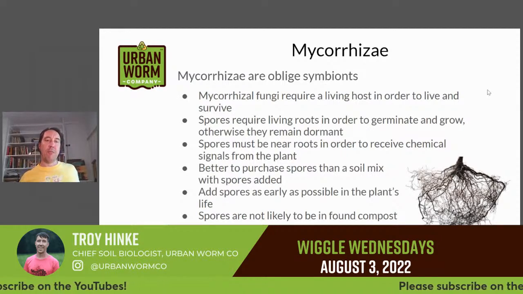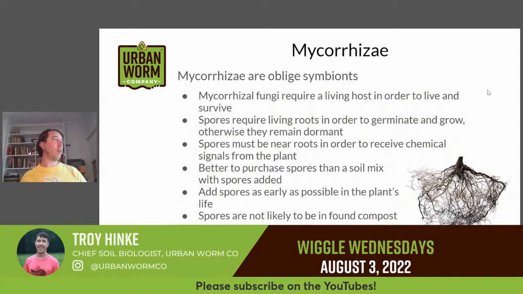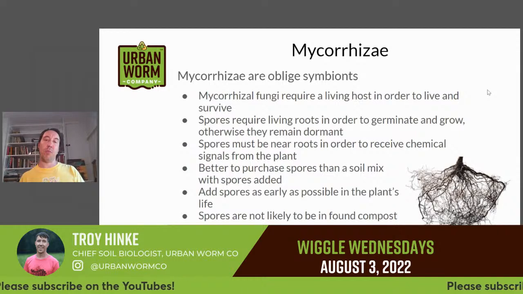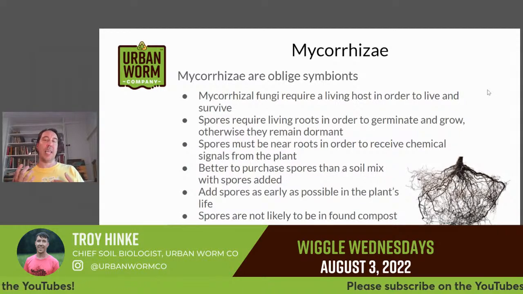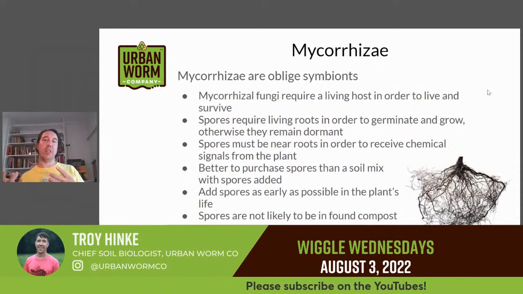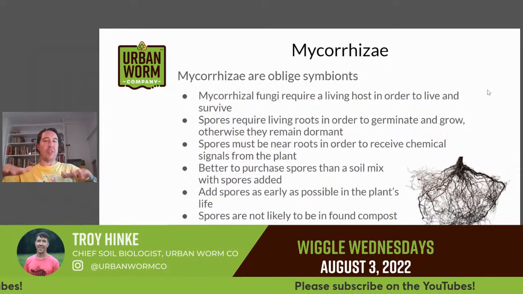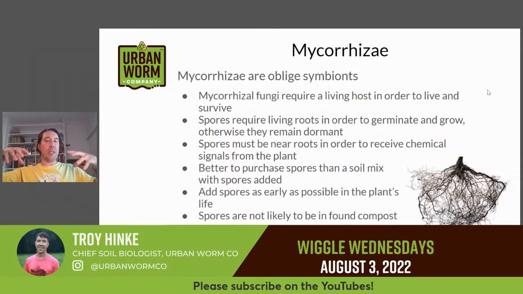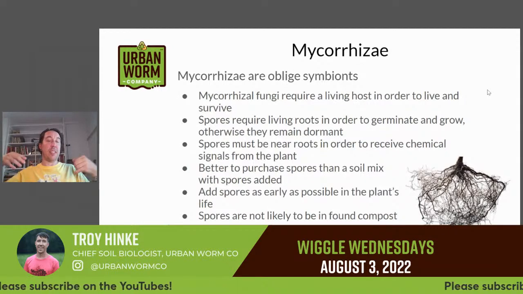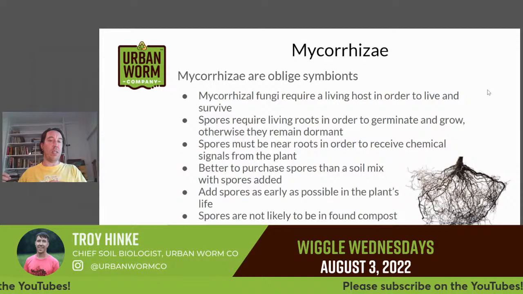And then one thing I really want to point out is that you're not likely to find spores in compost. When we're composting materials, either through regular compost or worm compost, we're generally taking the above ground material. So leaves, stalks, sticks, banana peels, orange peels, apple cores, none of these things were within the soil, and none of these things are going to have spores because, like with mycorrhizal fungi, I said that the spores are released within the soil.